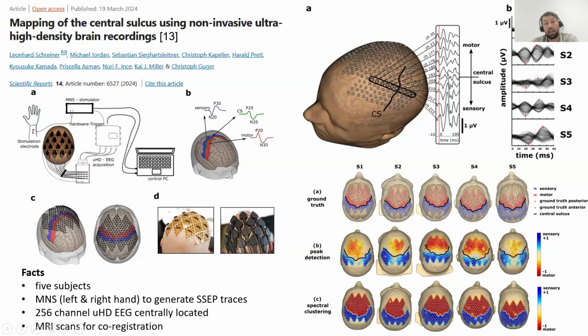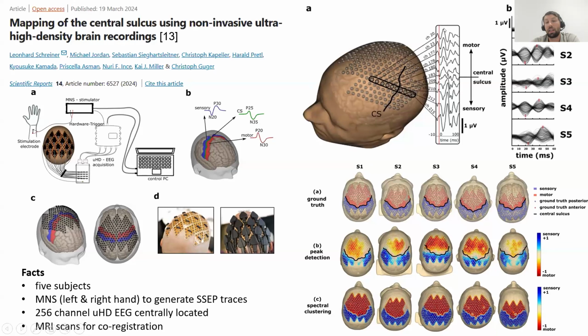We have a P20 and a N30 typically, and we used 256 channels overlaid so we could cover the left and right hemisphere, the central sulcus, as well as possible. And on the right side, you can see an example plot of 10 channels selected across the central sulcus.